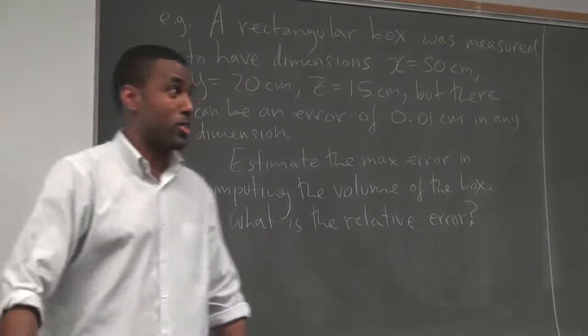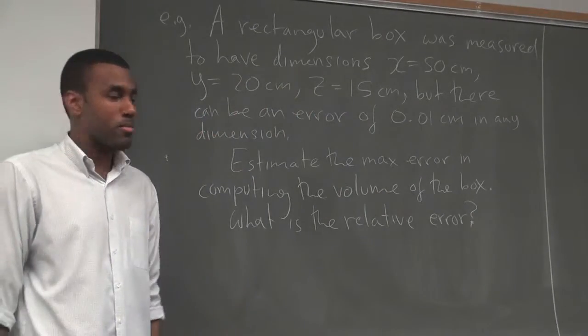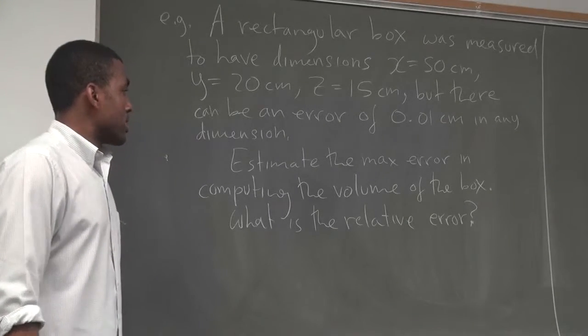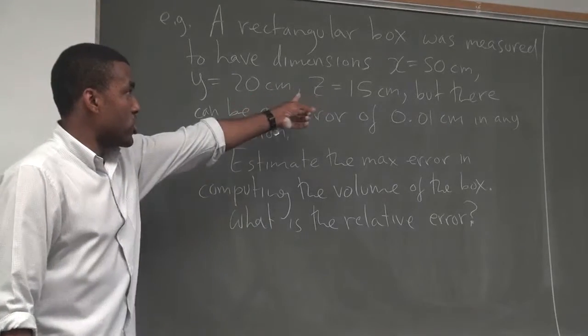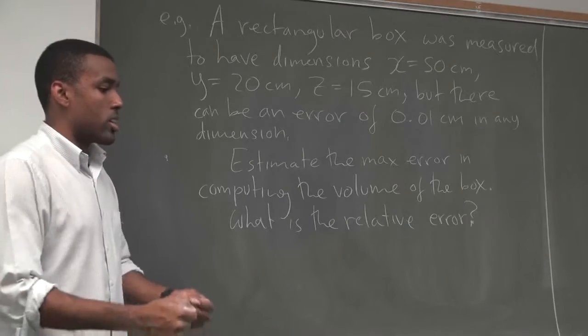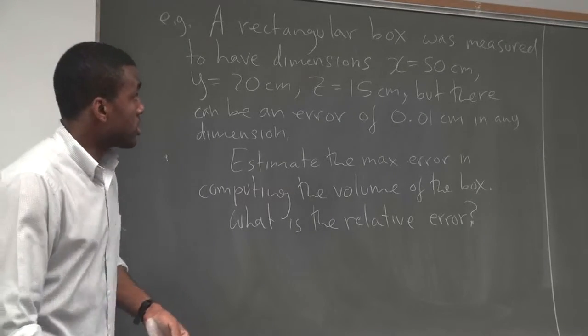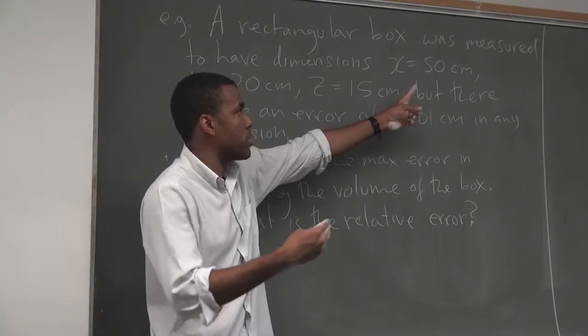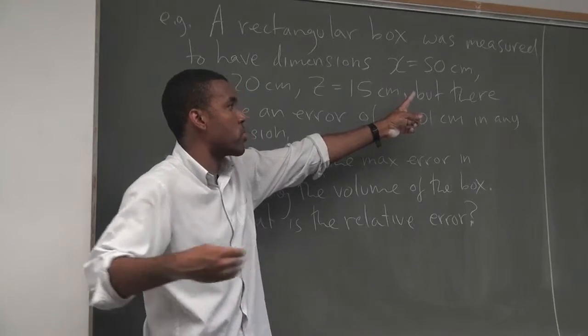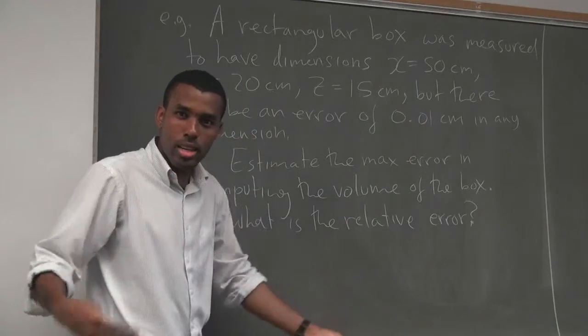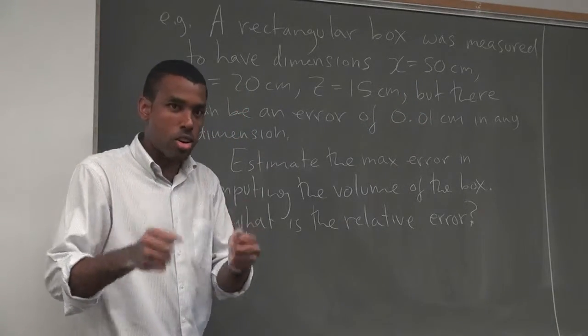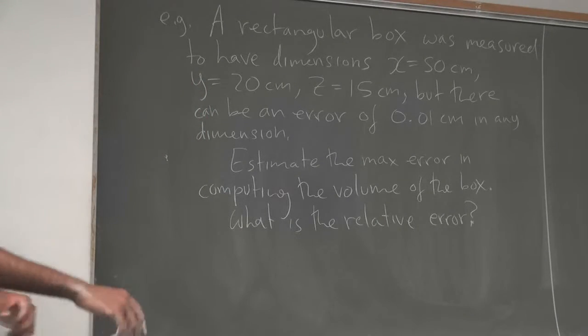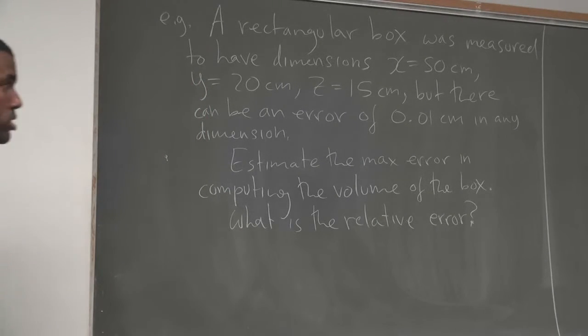And you're a stickler for this. You want to figure out, how much could he be wrong by? These are the dimensions you wanted, the original dimensions, but they could actually be off. So instead of 50 centimeters, you could have 50.01 or maybe 49.99. You have this error there. What's the maximum error that you can have? You can actually use differentials to figure this out.